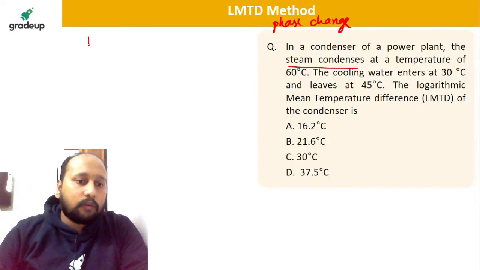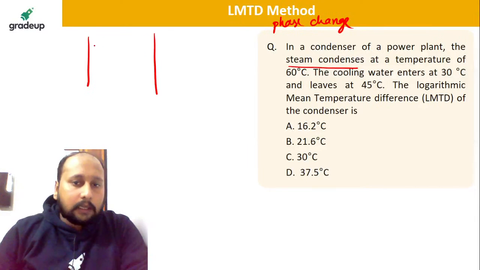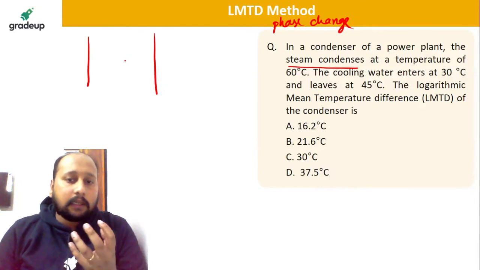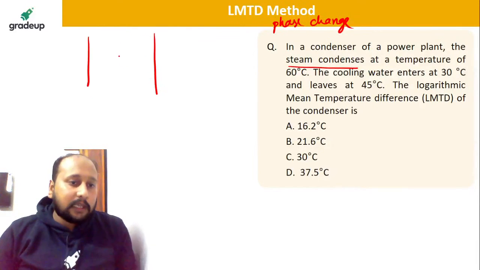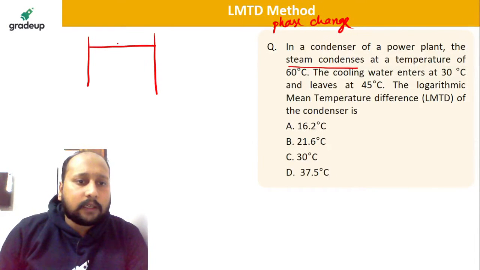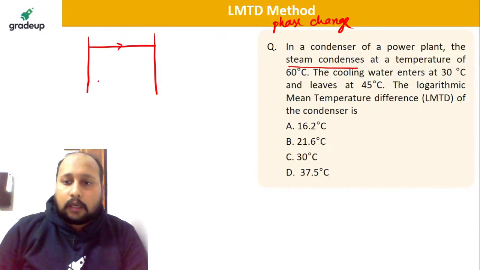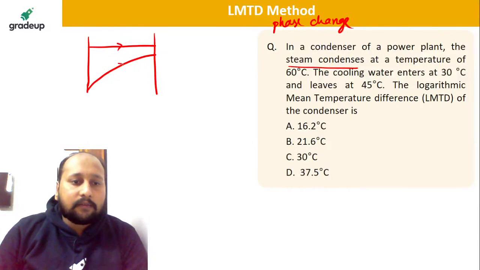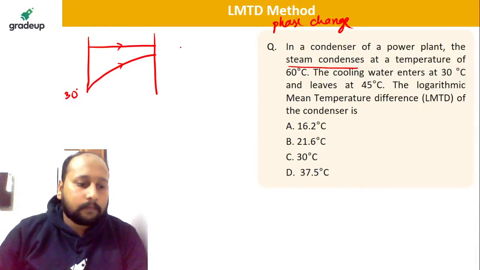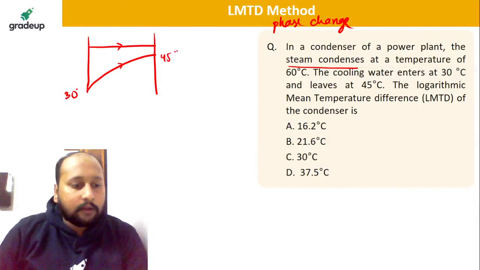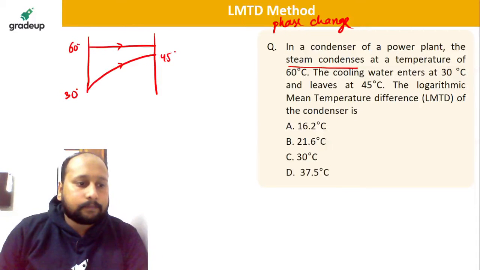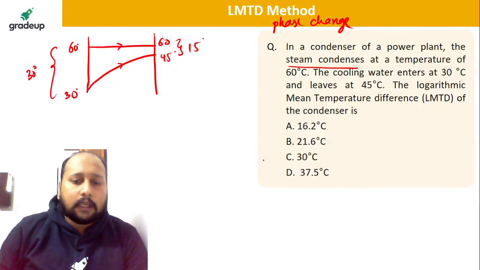So let's go with the parallel flow. Steam condensation, that means the fluid is losing heat. Let us go for hot fluid. This is your steam condensation. Cooling water enters at 30 and leaves at 45. And this is 60. So this is 30 degrees and this is 15 degrees. Calculate LMTD.